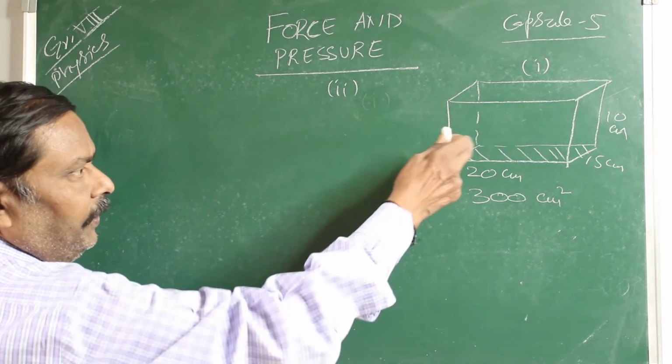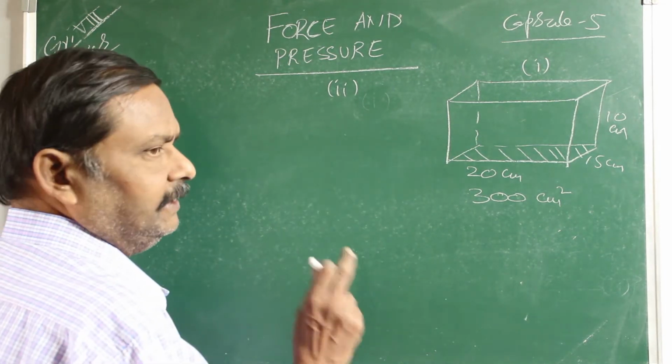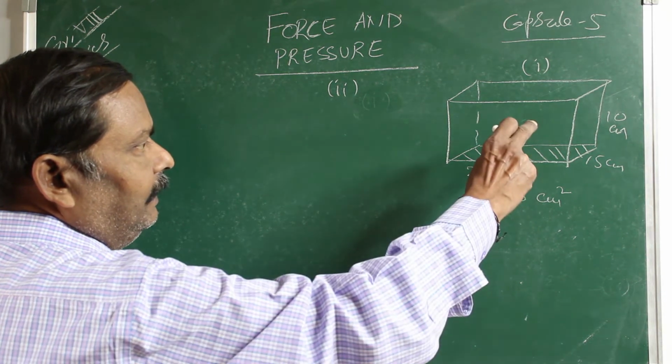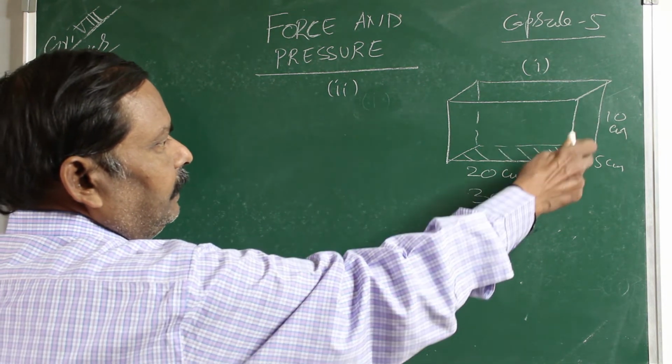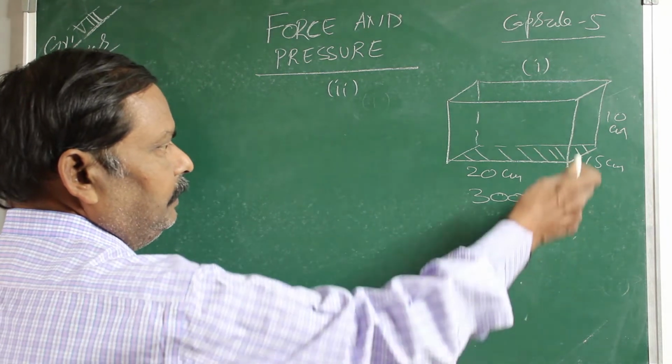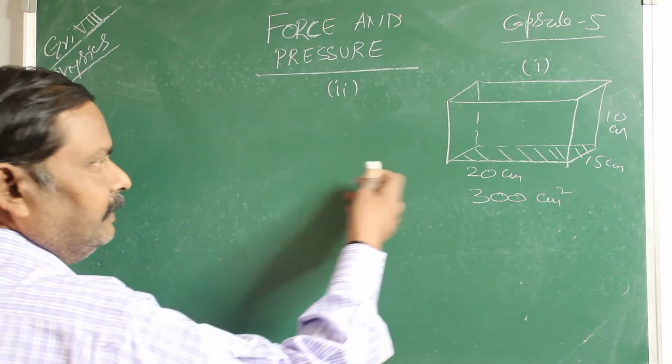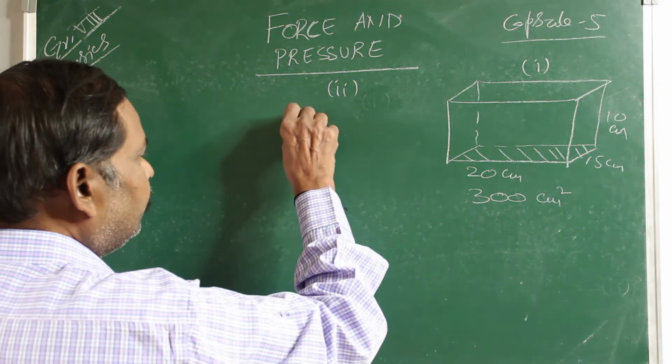The second position is you can keep the body on a surface such that the 15 centimeters part and 10 centimeters part, that means breadth and height, are in contact with the base or with the surface like this.